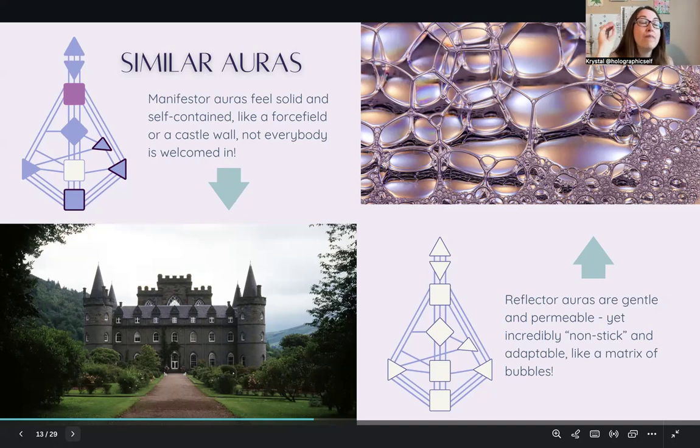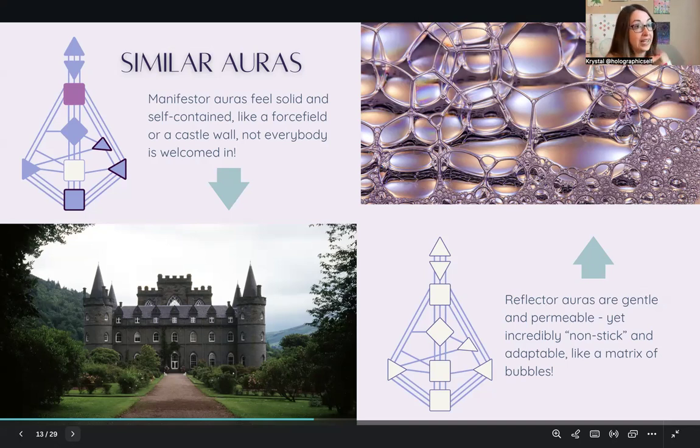And in fact, I know many, many people in reflector-manifestor relationships that get along quite well, whether it's a romance or a friendship. My reflector son's best friend is a manifestor. It's one of those things that is interesting. They work really well together. Those types, the manifestor and the reflector, tend to be more impacted by the planetary transits.